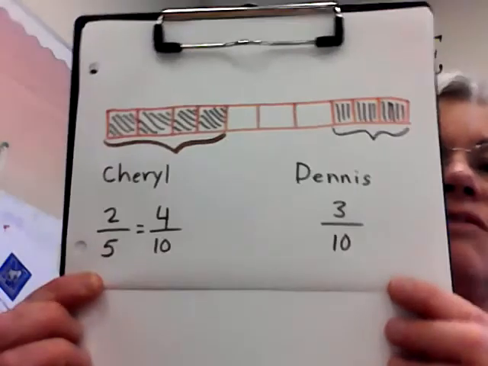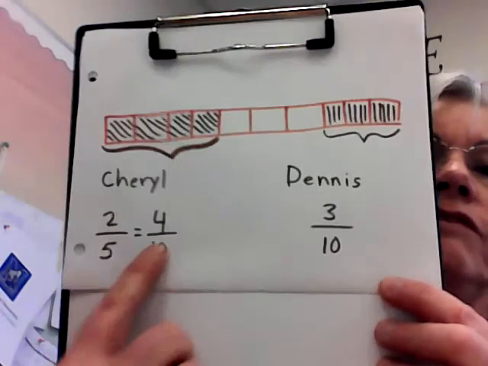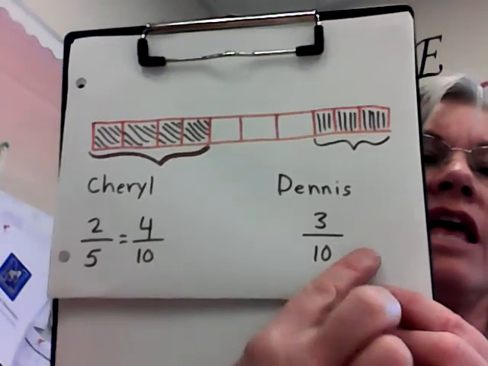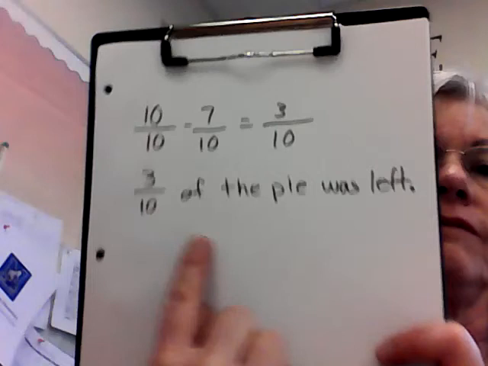From the picture, it's quite plain to see. I'll go back here. We can see how much of the pumpkin pie is left over, but we're going to add up all the pie that got eaten. 4/10 added together with 3/10 makes 7/10 of the pie that was eaten.